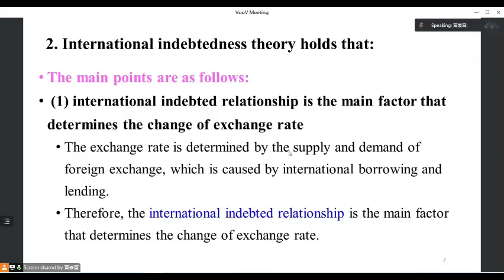In this part of PPT it tells us that international indebted relationship is a main factor that influences exchange rate.